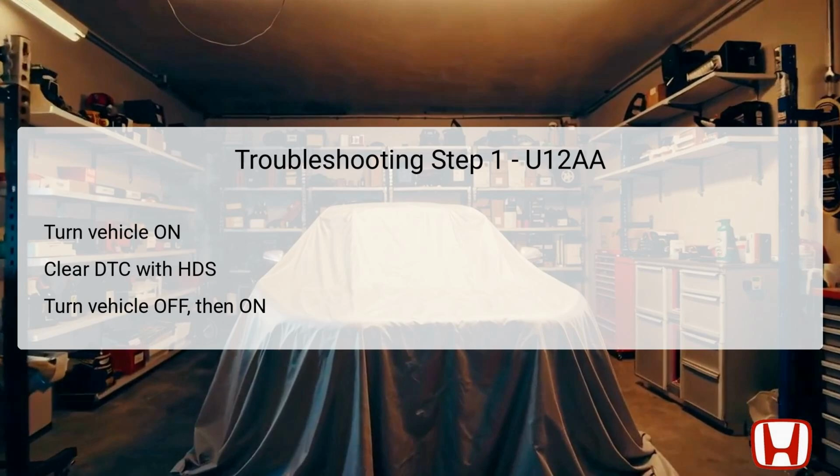Subsequently, switch the ignition to off or lock mode before turning it back to on. This procedure helps to refresh the communication protocols between vehicle components. After this, use the HDS to check for any confirmed or pending DTCs once again. These preliminary actions establish a baseline, confirming whether the problem persists or was transient.